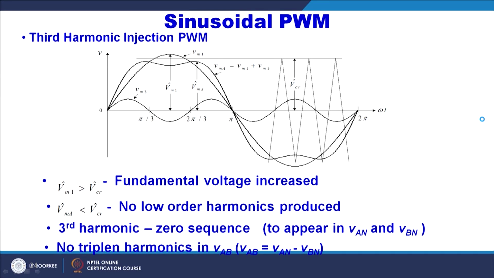Now, there is another technique to increase the value of the modulation index above 1. This is called third harmonic injection. You know that the third harmonic will be present only in the phase voltages.